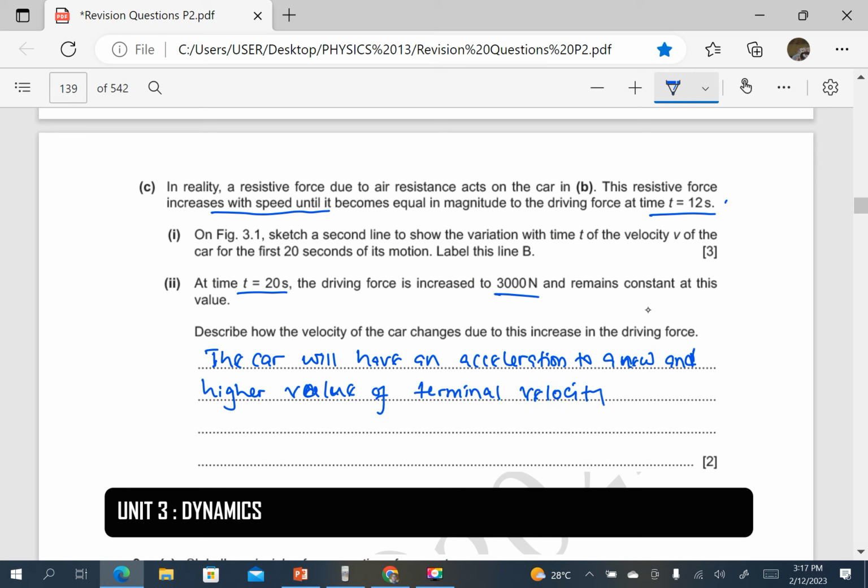Because now the driving force is greater, the car will be forced to accelerate to a new, higher value of terminal velocity.